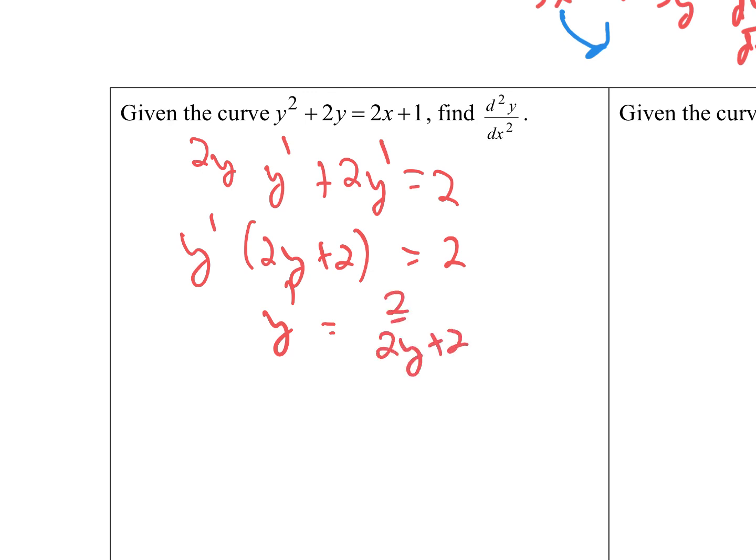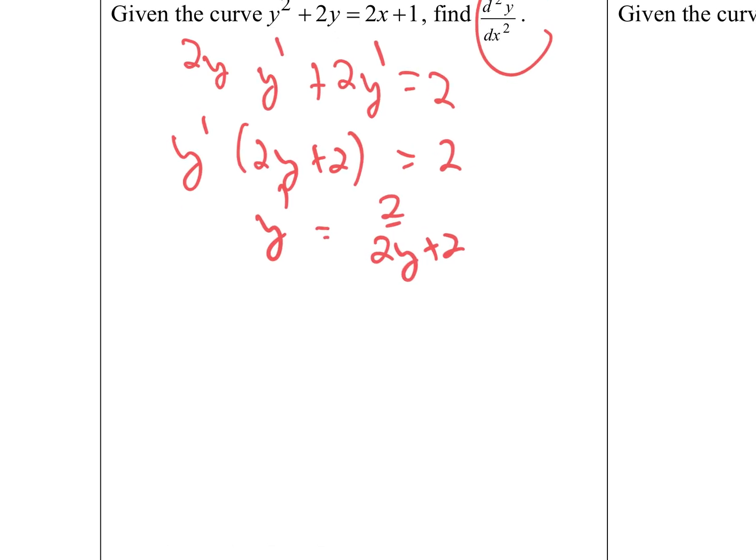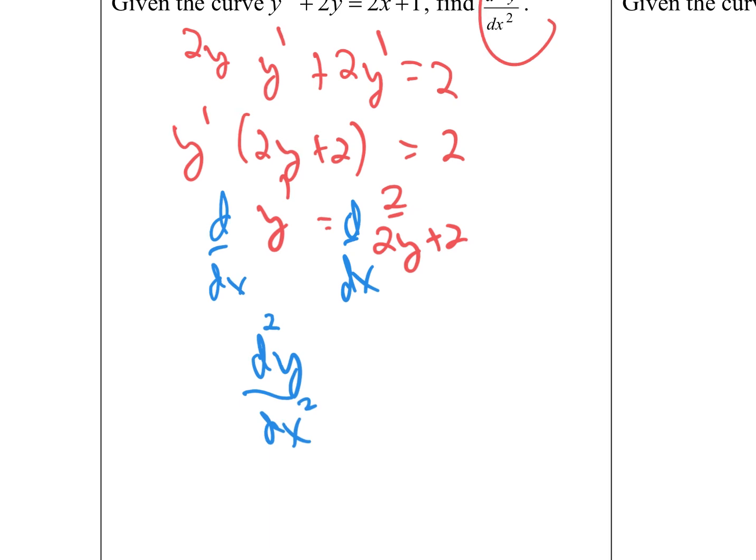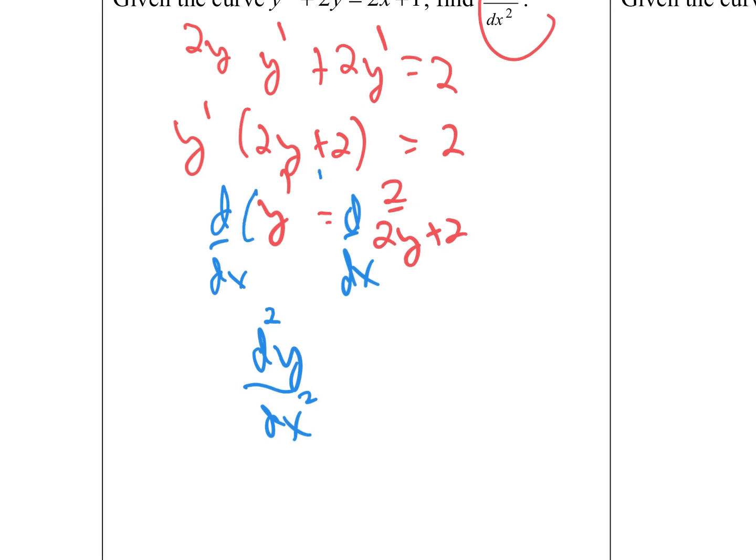We want the second derivative. So when I take the derivative with respect to x of both sides, I end up getting my second derivative, d squared y over dx squared. That's when you take the derivative of y prime.